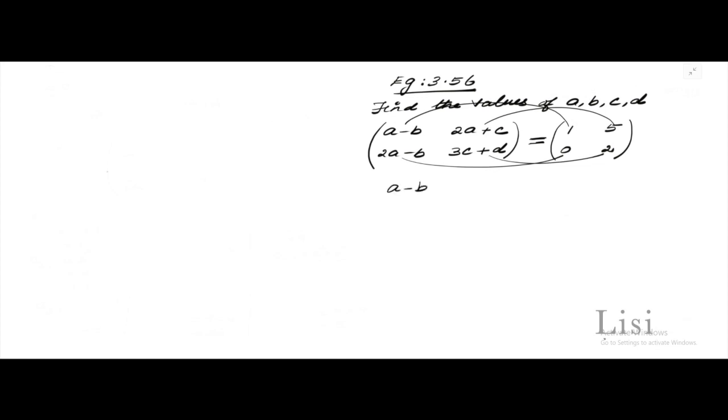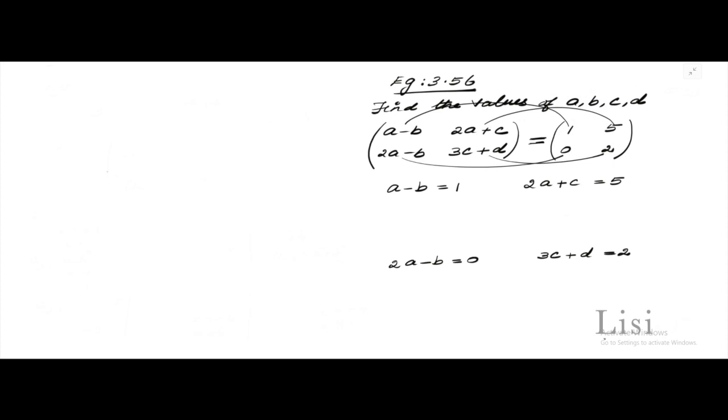a minus b is equal to 1 and 2a plus c is equal to 5 and next 2a minus b is equal to 0. Next 3c plus d is equal to 2. Am I right?